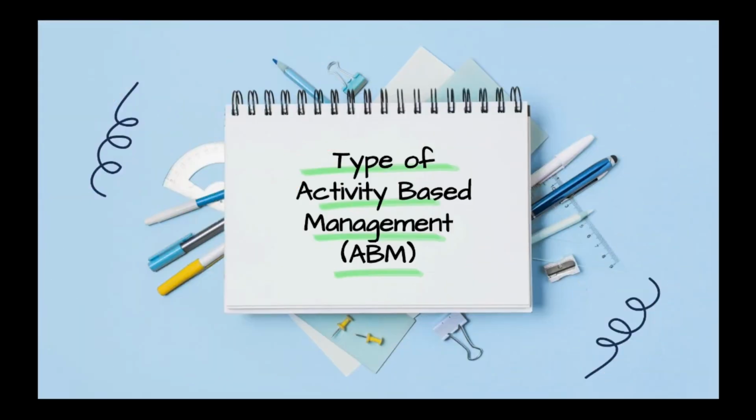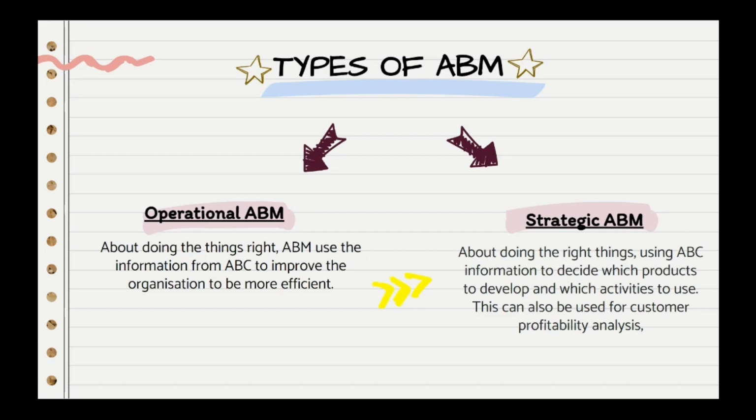Let's look at the types of activity-based management. There are two types, which are operational ABM and strategic ABM. Firstly, operational ABM is about doing things right, where ABM uses the information from ABC to make the organization more efficient by reducing the cost of activities and eliminating those activities that do not add value.